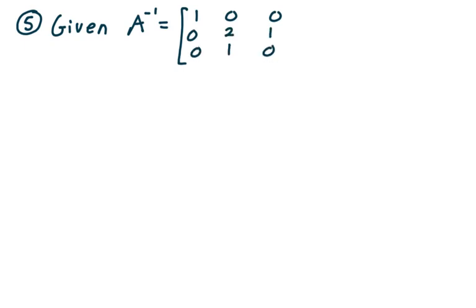So suppose we're given A inverse equals the matrix 1, 0, 0, 0, 2, 1, 0, 1, 0. And B is the column vector 3, 1, 2.